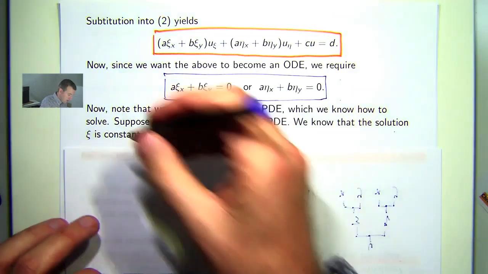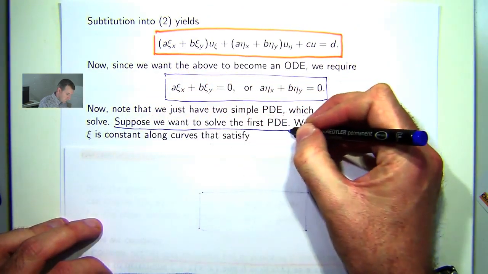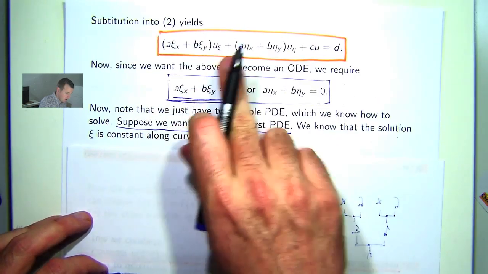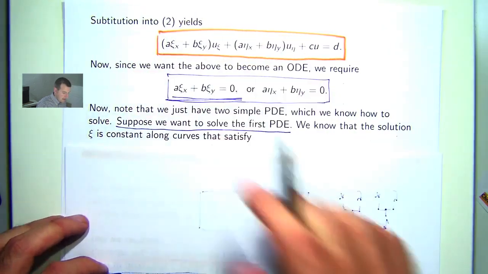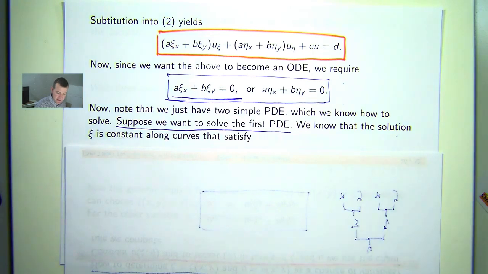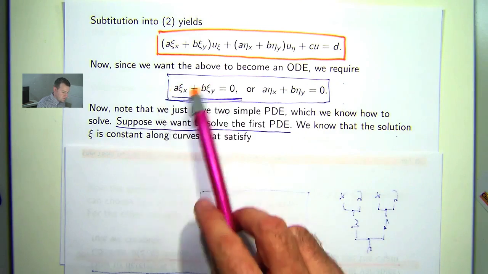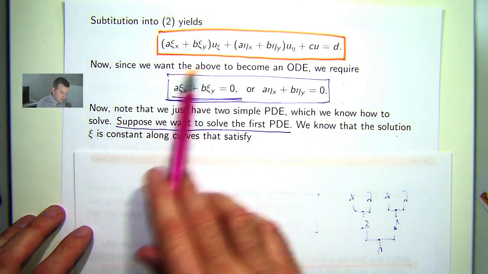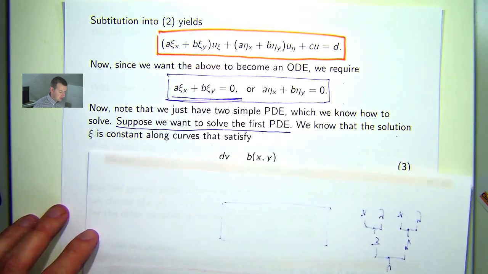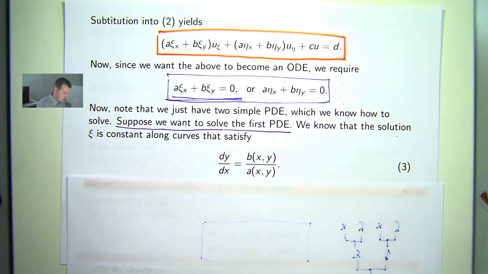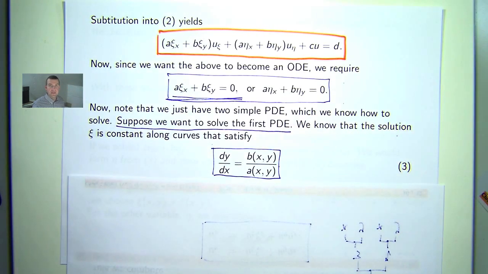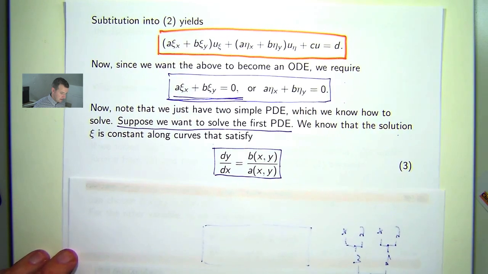Okay, so suppose we want to solve the first PDE, and we forget about that one. Let's solve this one, so this coefficient disappears and we just get a differential equation involving u sub eta. Now how do we solve this? Well, we know that the solution to this partial differential equation is constant along curves that satisfy this differential equation here.